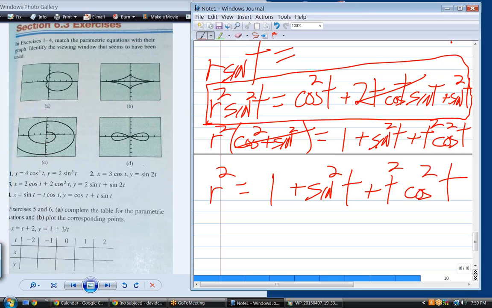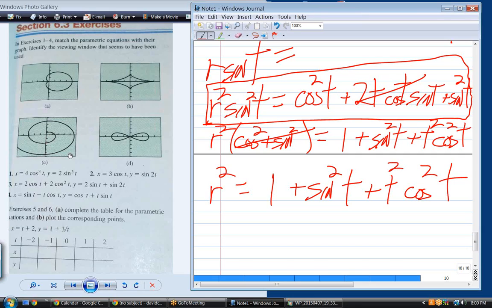Let me look in my book and see if I can find it. I'm looking at analyzing the spiral of Archimedes. This is an Archimedes spiral. And the general equation of that is r equals theta. Can I narrow this down to r equals theta?